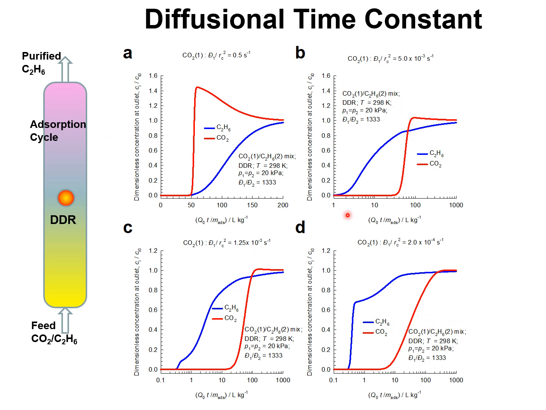So with increasing particle size, we have a decreasing trend in the diffusional time constants. The ratio of the Maxwell-Stefan diffusivities of component 1, CO2, to component 2, that is ethane, is held constant at 1,333, corresponding to the value obtained from the experimental data for transient mixture uptakes discussed in the first slide of this presentation.